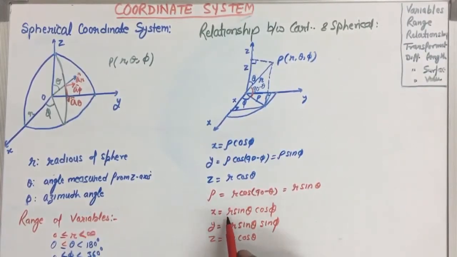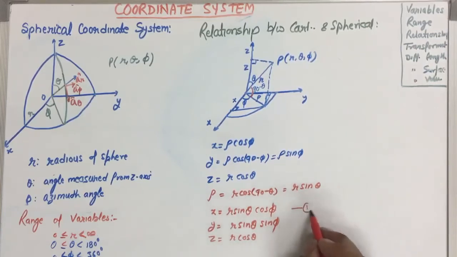So these are the values of x, y and z in terms of r, theta, phi. Now you have to find the value of r in terms of x, y, z. For that purpose, assume these are equations 1, 2, 3, square both sides of equations 1, 2, 3 and add them.